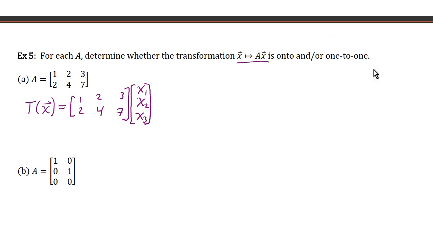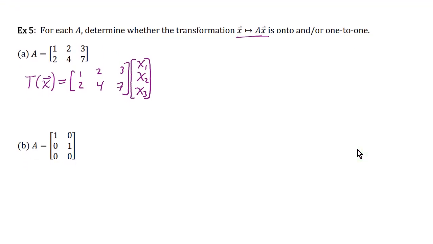Now, here's example 5 on the next page. I already wrote this. This is just a rewriting of this transformation. So the transformation x maps to ax is the same thing as saying t of x equals a times x. And so we want to know if that's onto or 1 to 1.